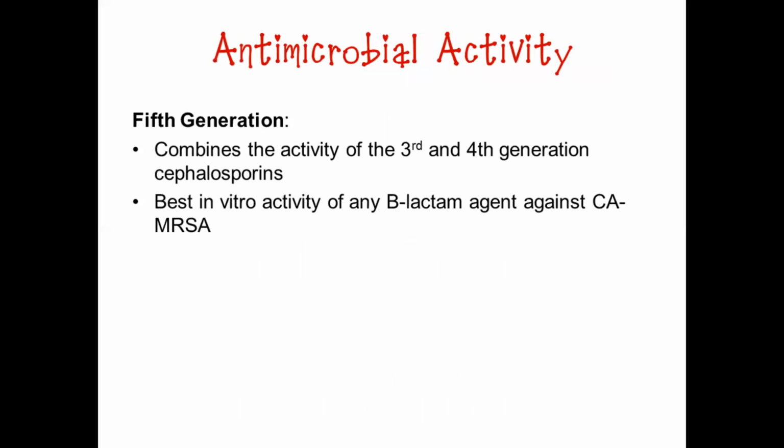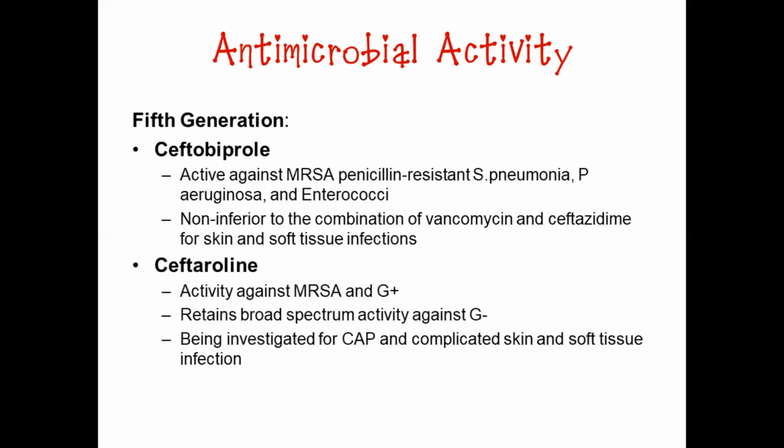Fifth generation, it combines the activity of the third and fourth generation, and an additional capability of these drugs is the activity against yung MRSA. So we have ceftobiprole and ceftaroline. So they have an increased activity against gram-positive MRSA.